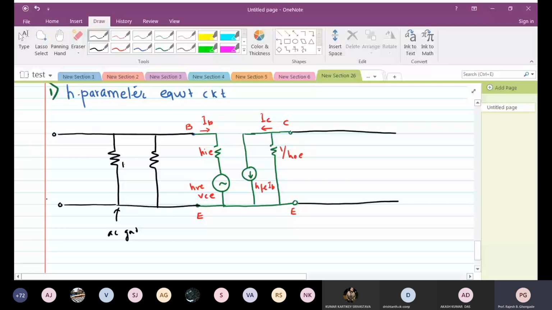Similarly, at the output, I have resistor RC. There is no RE. Then I have the load.